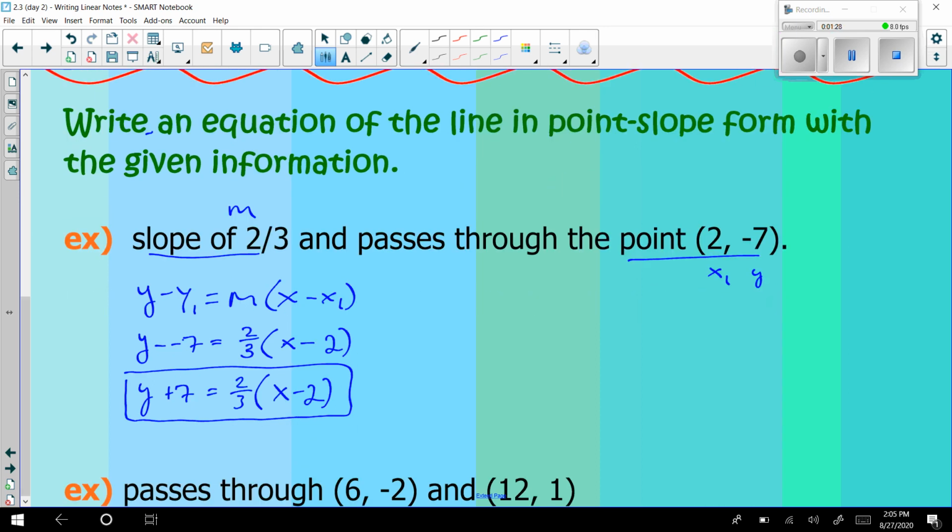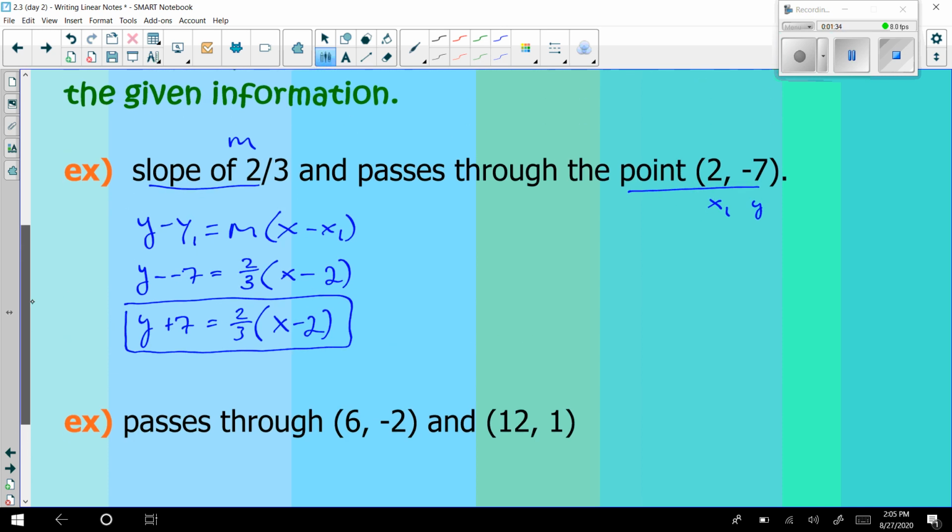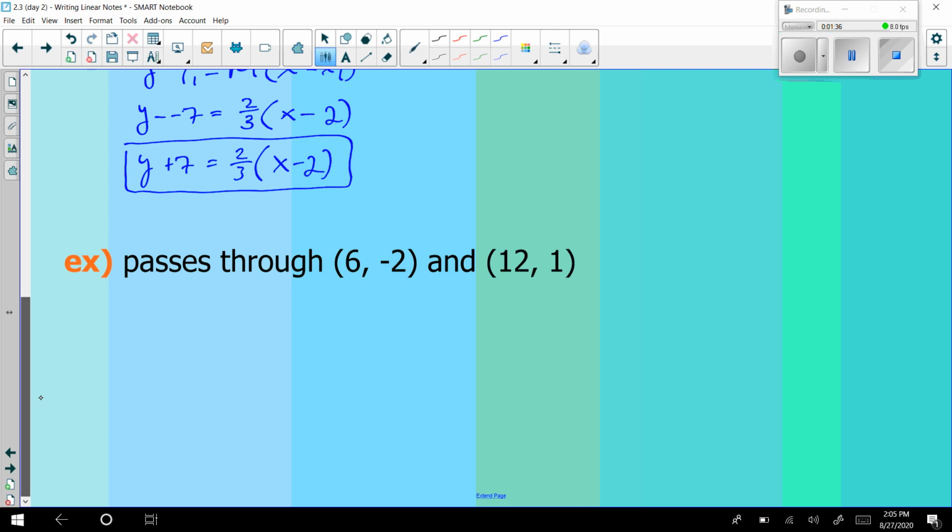Okay, another example. This time it says, again, in point-slope form, but this time it passes through these 2 points, (6, -2) and (12, 1). So we have 2 points. Remember, point-slope form, we want the slope as well. So we have to use the slope formula, which is y2 minus y1 over x2 minus x1.